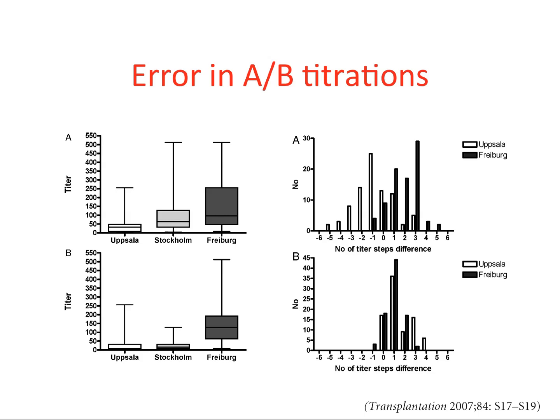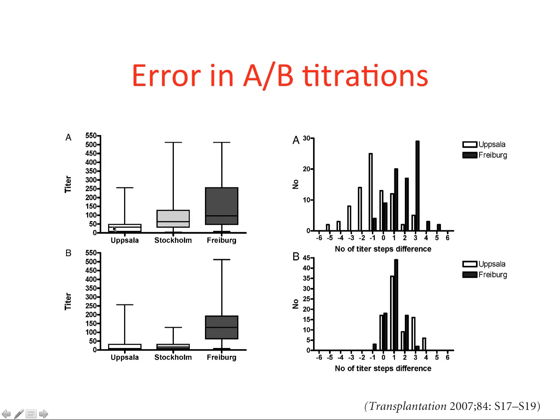So there are various studies. There's a Japanese study, an American study, and a European study looking at differences in tube titration results between different centres. This is the European one, looking at 3 centres who were using exactly the same overall protocol for blood group incompatible transplantation: in Stockholm, in Uppsala, and in Freiburg in Germany.